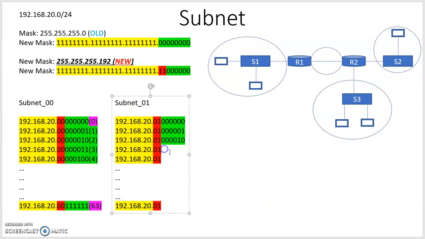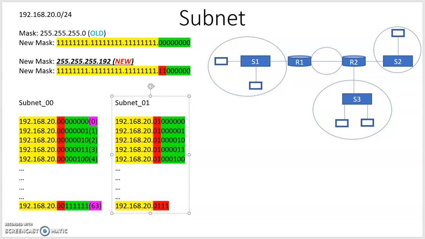And 3 is 1, 1. And 4 is 0, 0, 0, 1, 0, 0. That is 4. Likewise, as we keep going, so what is this last value?